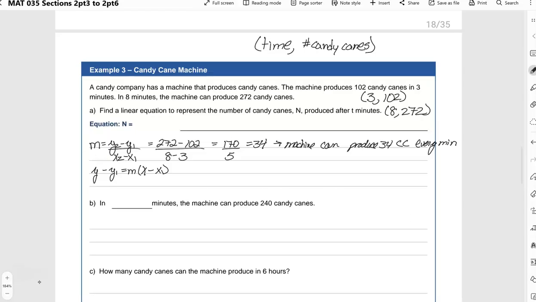I'm going to use the 3, 102 ordered pair. So it's going to be y minus 102 equals 34 times x minus 3. So let's simplify. Y minus 102 equals 34x minus 34 times 3 is 102.